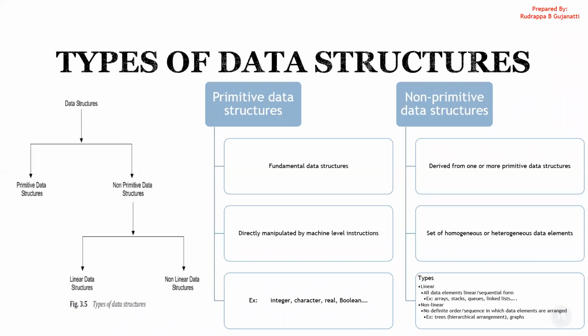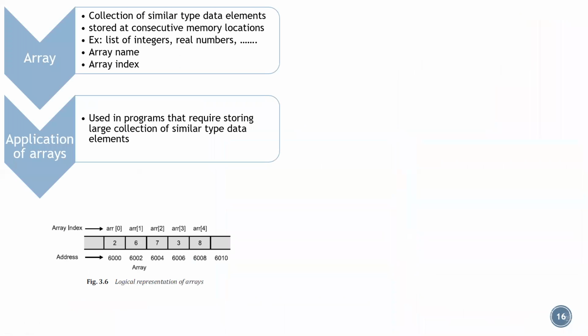Under non-primitive, we can have two types, that is linear and non-linear. So linear examples are arrays, stack, queues, linked list. So these are few to name. Then in non-linear, we can have trees, graphs. So these are non-linear data structures. So let us have a look into a few of these in the coming sessions.